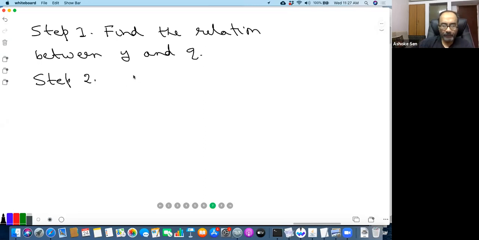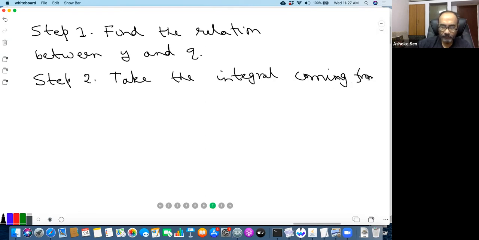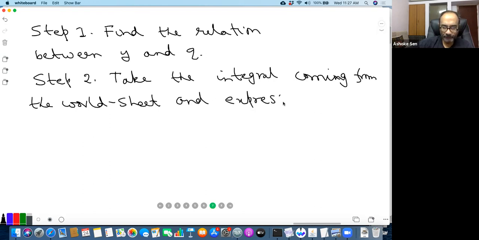Worldsheet always reproduces the result in the Siegel gauge. So take the integrals coming from the worldsheet and express this as an integral over q.